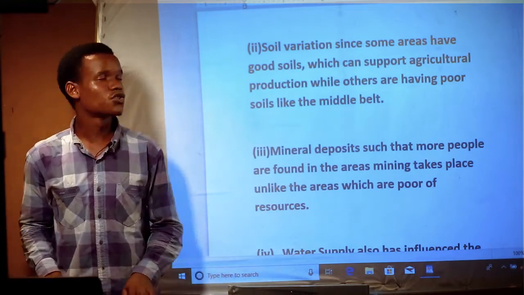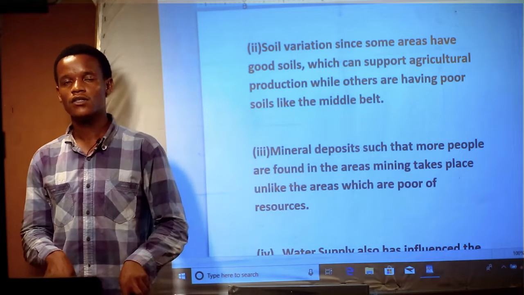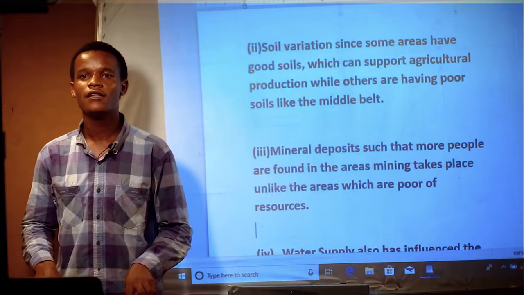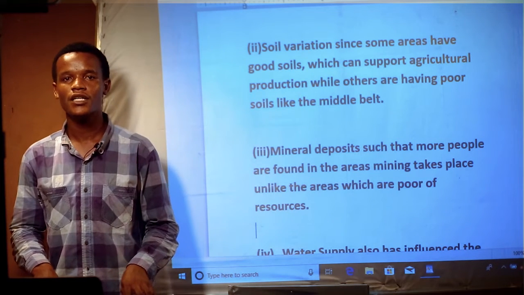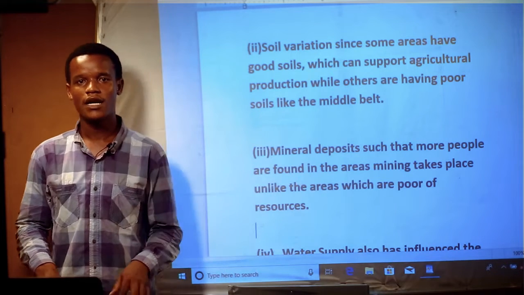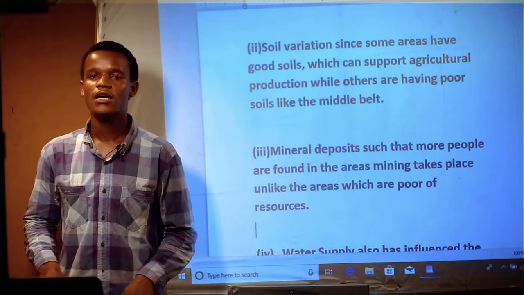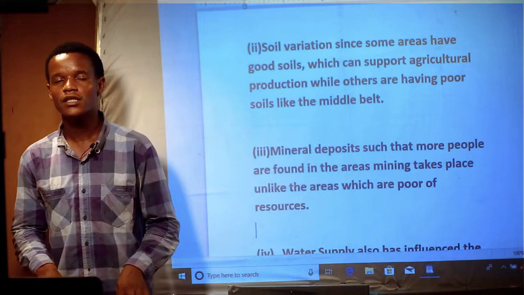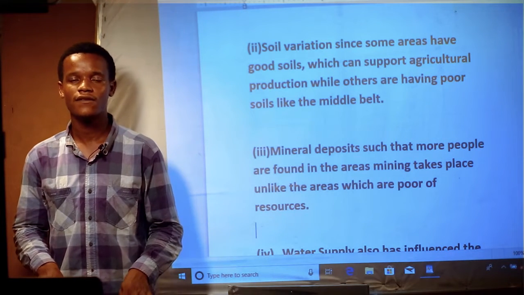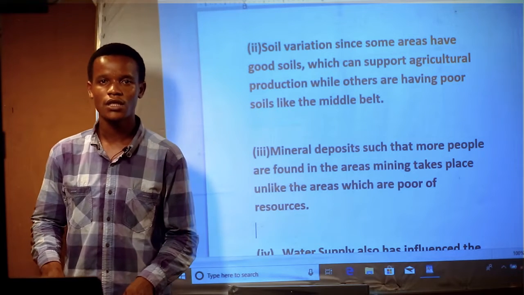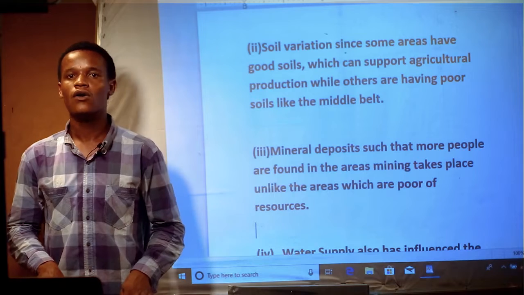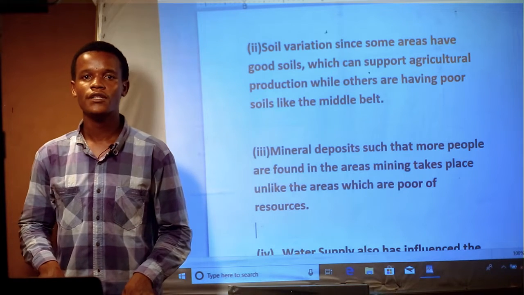Okay, another point is soil. Soil is among the factors that lead to the uneven population distribution in Nigeria. Here we are going to look at two sides. The first side is fertile soil and the other side is infertile soil. The areas that have fertile soil tend to attract most people to live there compared to the areas that have infertile soil, which will not support agriculture and will not attract people to live there.